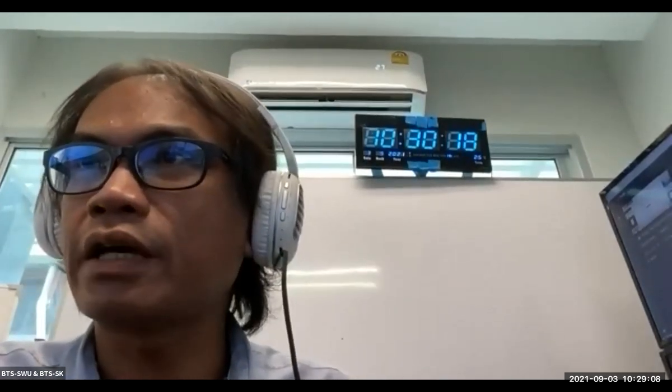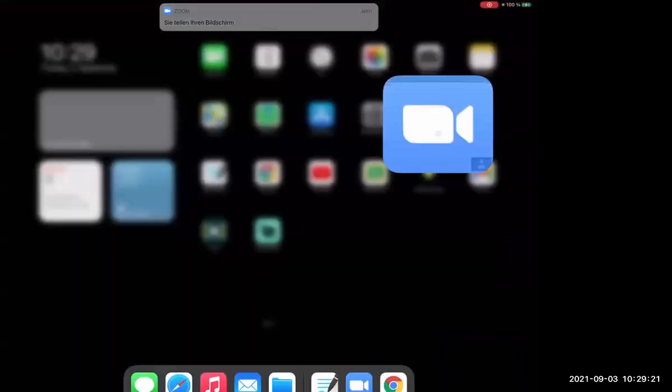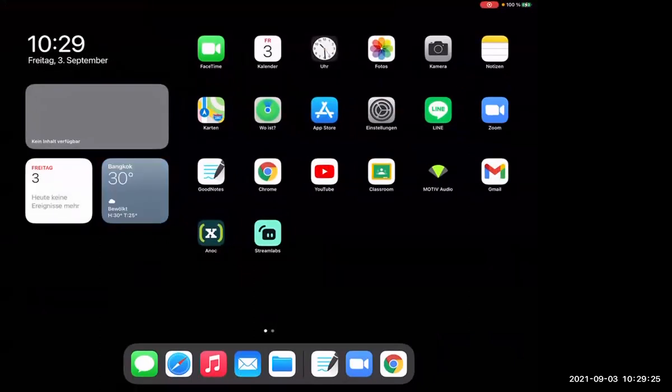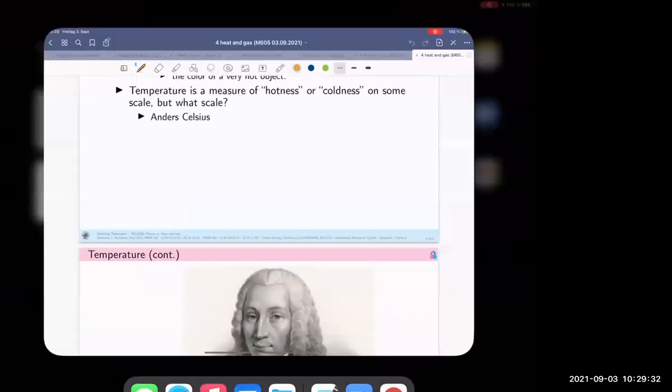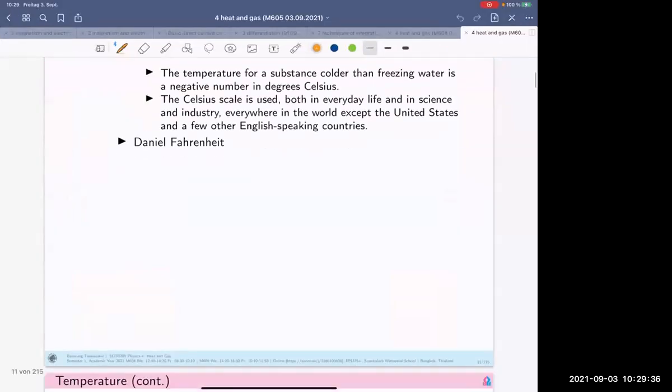For the second choice, I'm not sure if I have shared the screen yet, right? The second choice is that you can also do the homework regarding the temperature conversion, which is going to be shown in today's lecture.